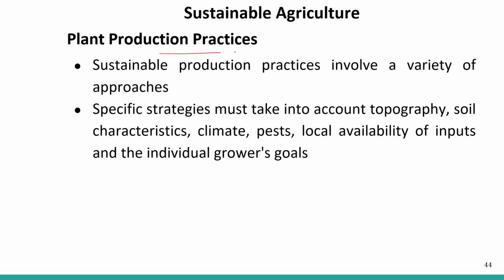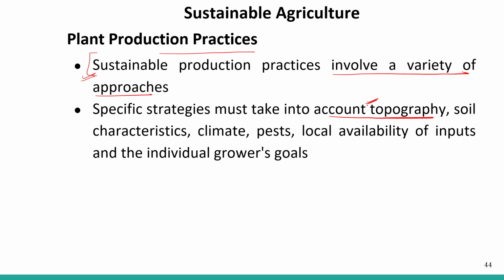Plant production practices. The sustainable production practices involve a variety of approaches. In sustainable production practices, we have different types of approach. Specific strategies must take into account topography, meaning the land we are using.